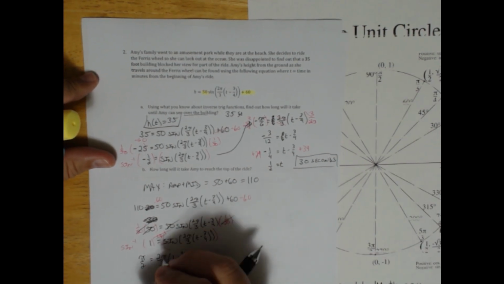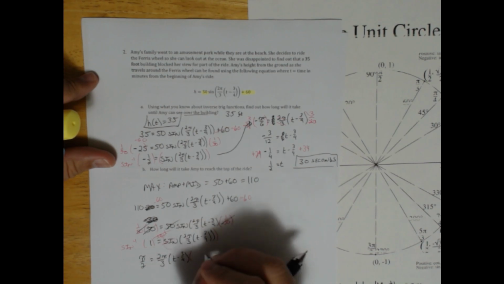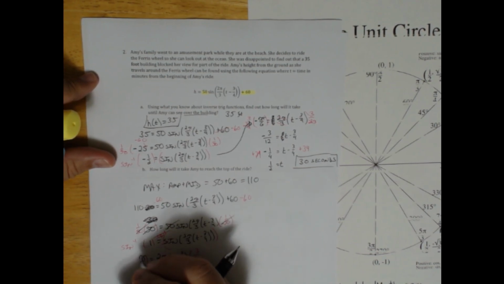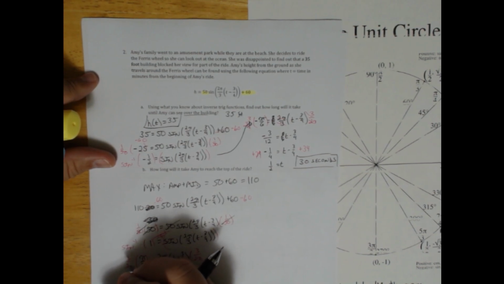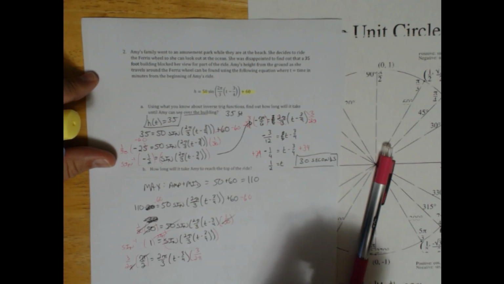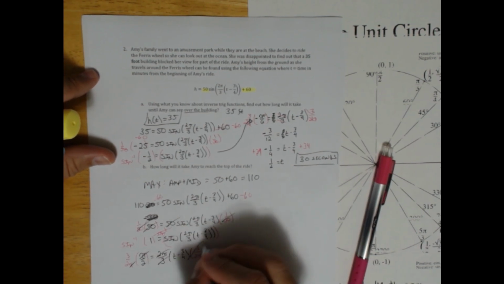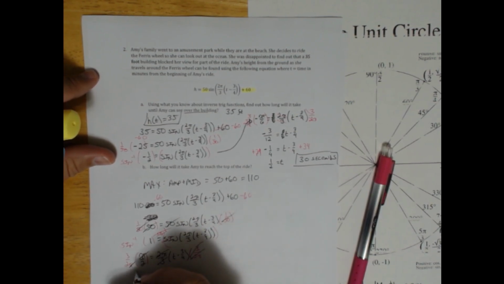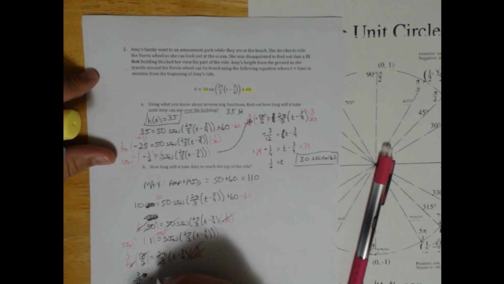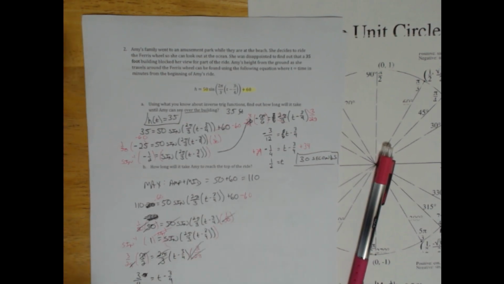Now we can multiply by the reciprocal of 2 pi over 3. So we multiply by 3 over 2 pi. That pi cancels out that pi. Those cancel out completely and should give us 3 over 4 is equal to t minus 3/4.